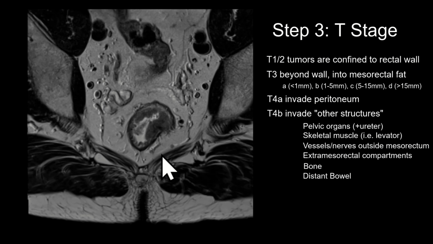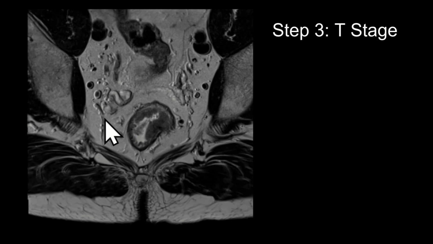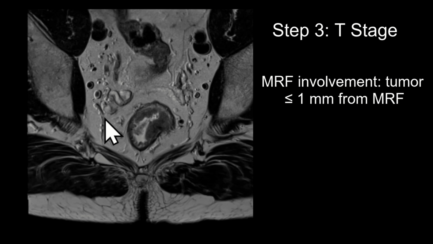Okay, and then directly related to the T stage are two additional very important things. The first is whether or not the MRF or mesorectal fascia is involved. So for T3 tumors, MRF involvement is defined as tumor within 1 millimeter of the MRF on MRI.